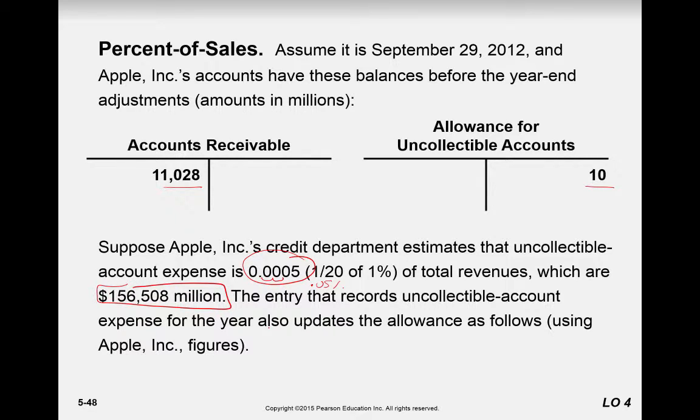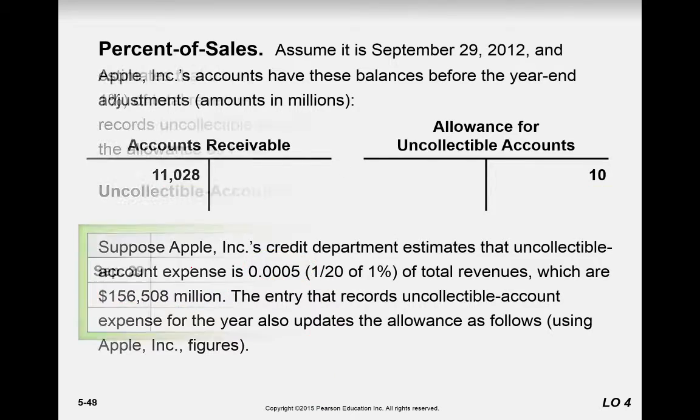So you take 156,508 million and multiply it by 0.05% to get the percent of sales that is not collectible, which hopefully gives you 78.